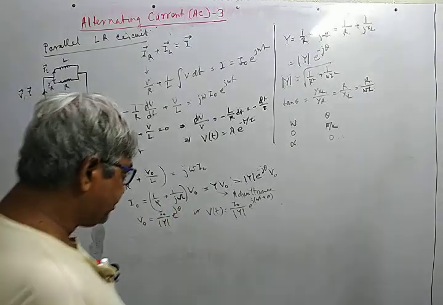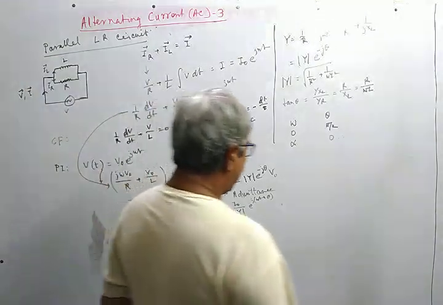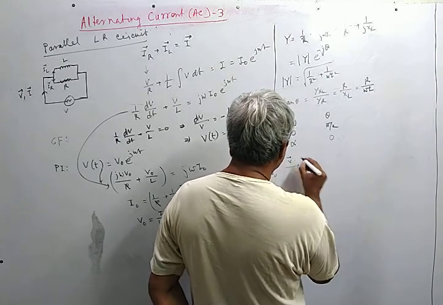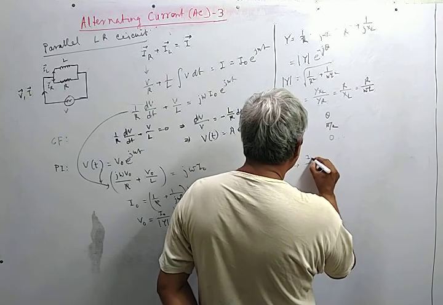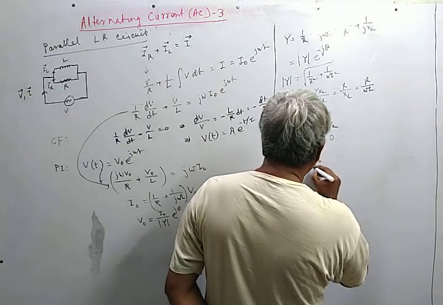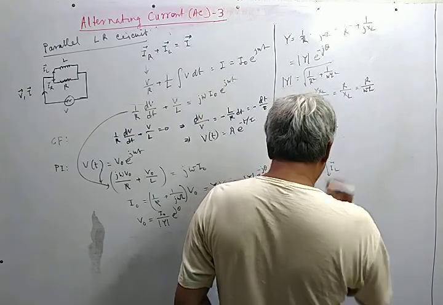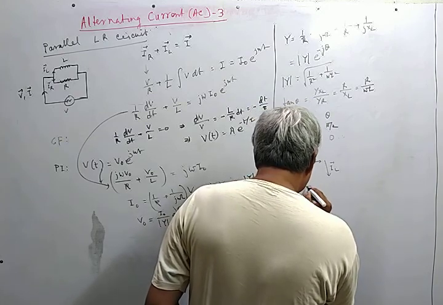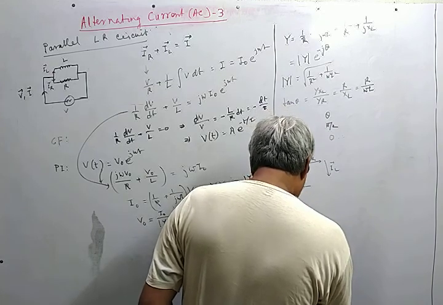Let me check it by the phasor diagram method. Here, since the circuit is a parallel combination, this is the voltage phasor at a particular instant. So this is the corresponding current phasor across the resistor, and this is the current phasor across the inductor. So if we like to add these two, this is IR, this is IL.